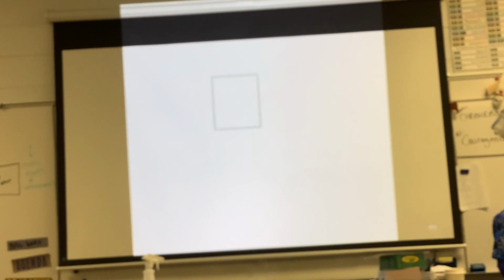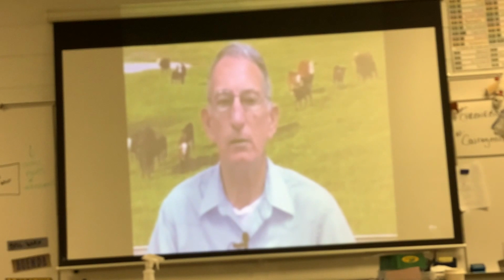In the center of this square, place the percentage of the protein that you would like to have in the completed mixture that you're putting together. In this case, we're going to develop a feed mix that is 12% crude protein. So we put 12 in the center, and in this particular case, we're going to use corn that's 8% and a supplement that is 36% protein.